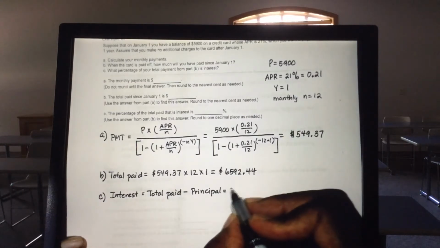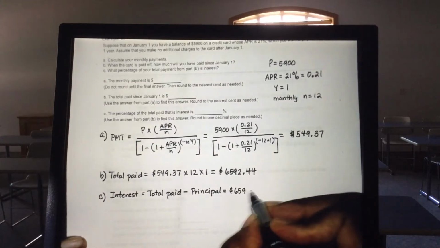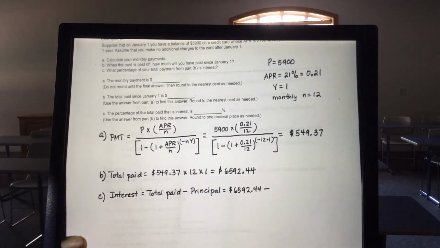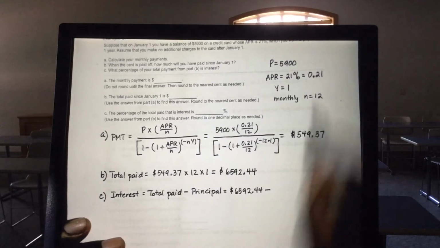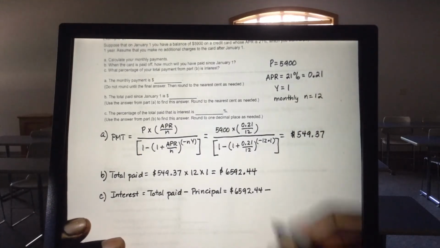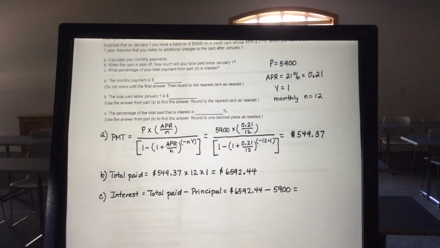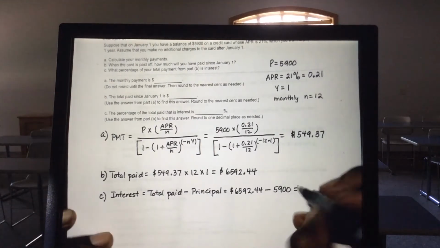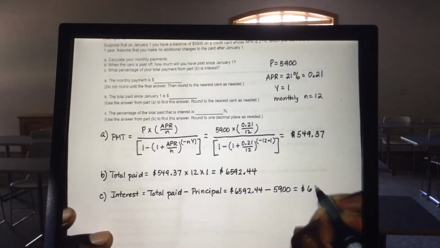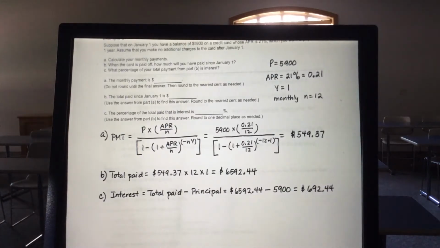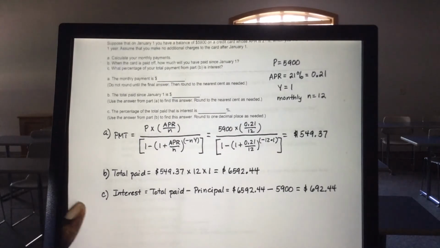The total amount that we paid is $6,592.44 minus the principal, which is $5,900. Now, if you subtract $5,900 from $6,592.44, that means the interest is $692.44. That's the amount of interest that you're paying.